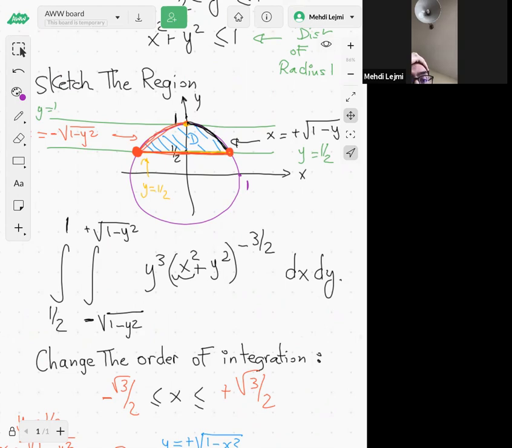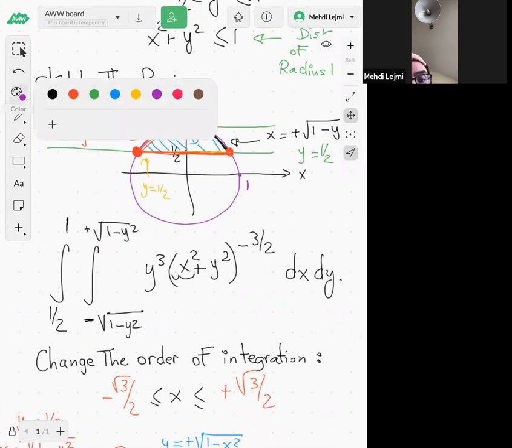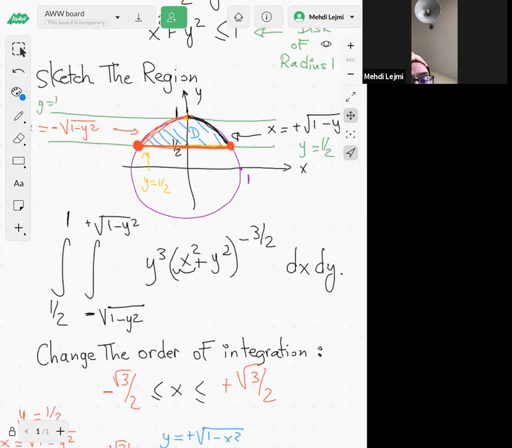So for example, your angle theta goes from this point here to this point here, right? So theta is between these two angles. What's this angle here, for example? Well, this point here is square root of 3/2 and a half, right?